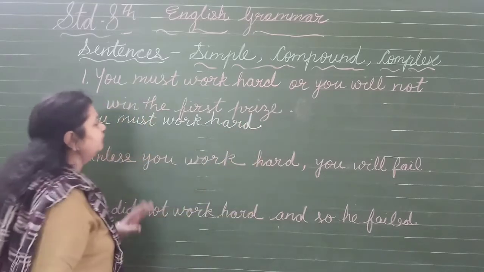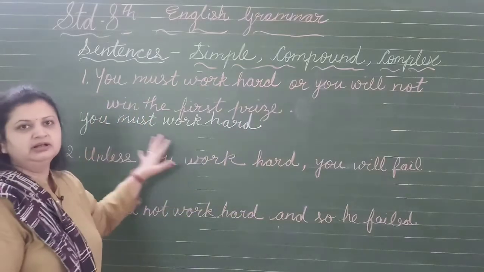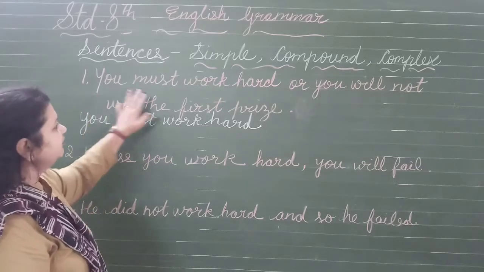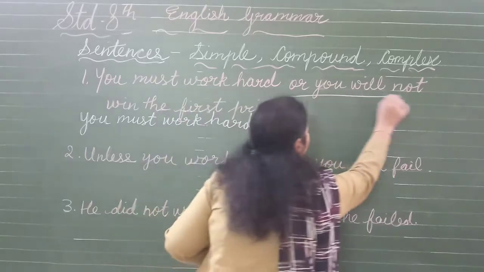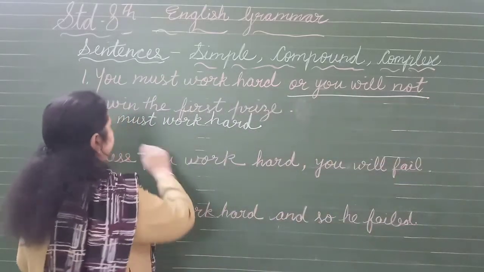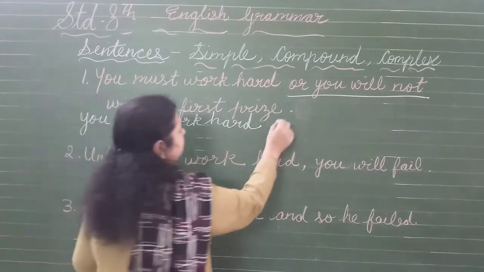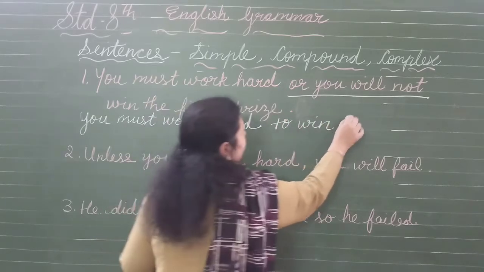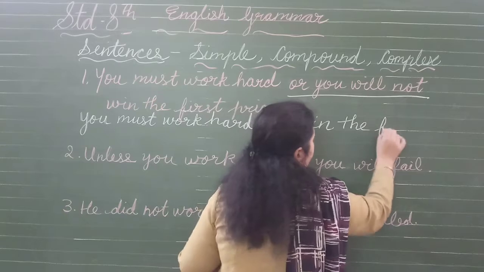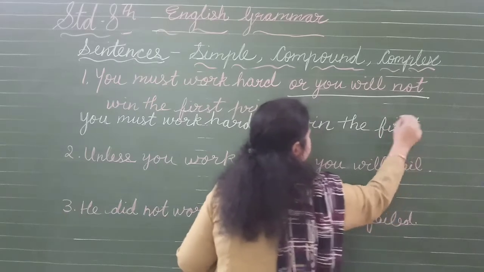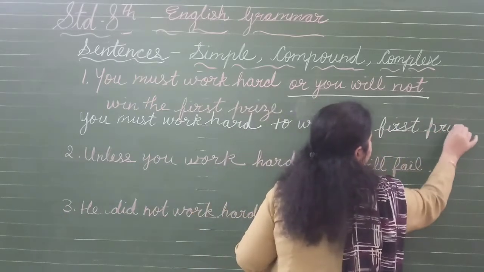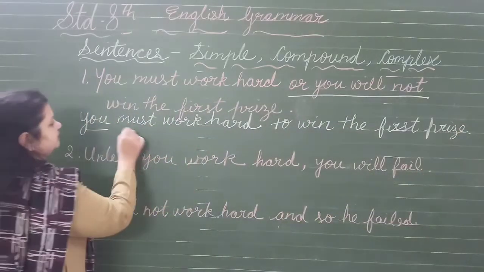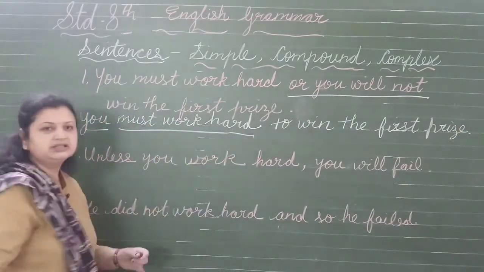Now we have one verb and one subject. So what will we do? We will remove "or you will not" and say, you must work hard to win the first prize. Now you will see that there is only one subject and one finite verb here.